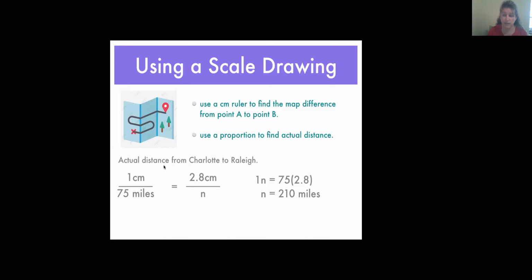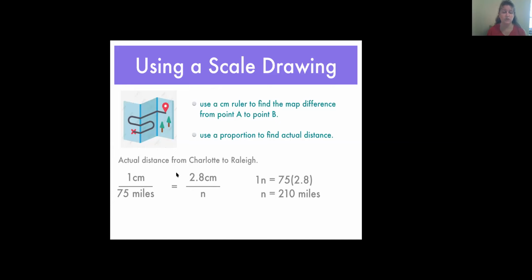There's also a scale that tells you that 1 centimeter is the same as 75 miles. They're asking, what is the actual distance from Charlotte to Raleigh? If you measure from Charlotte to Raleigh using your ruler, you would come up with 2.8 centimeters.